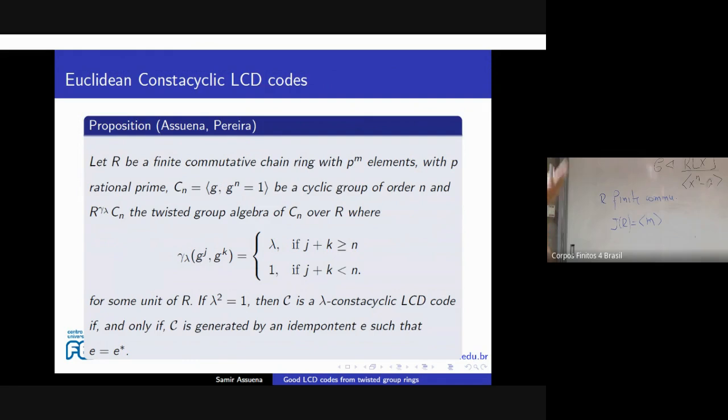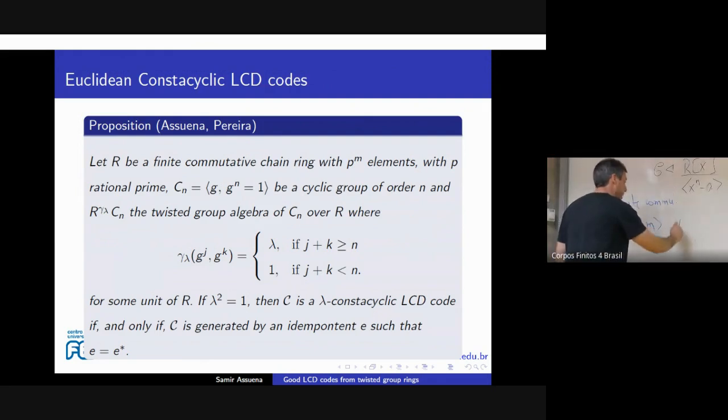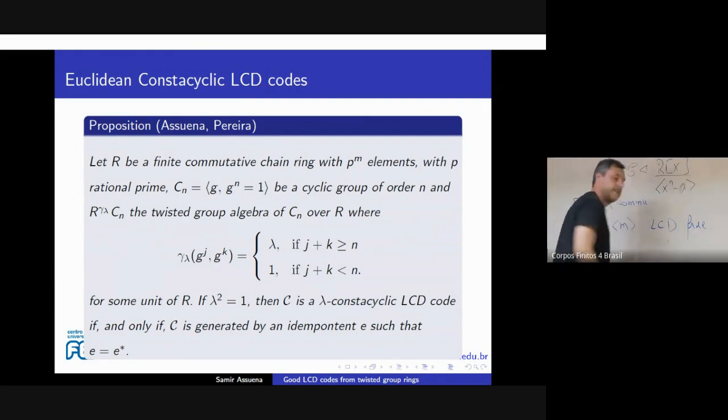Why are we considering this? When we are studying LCD codes over chain rings, these codes are always free, in the sense that all LCD codes over finite commutative chain rings have a basis.